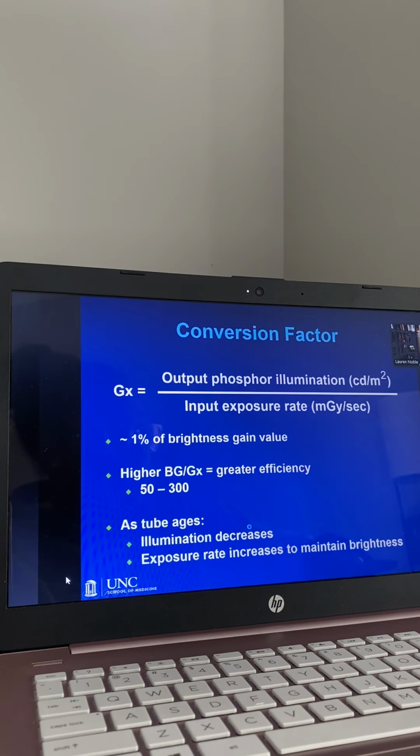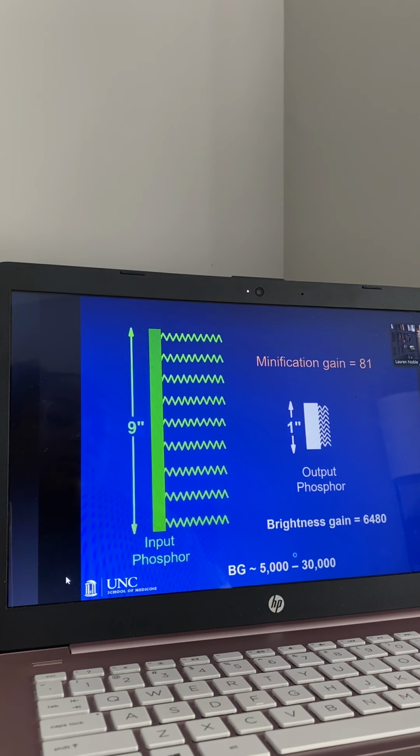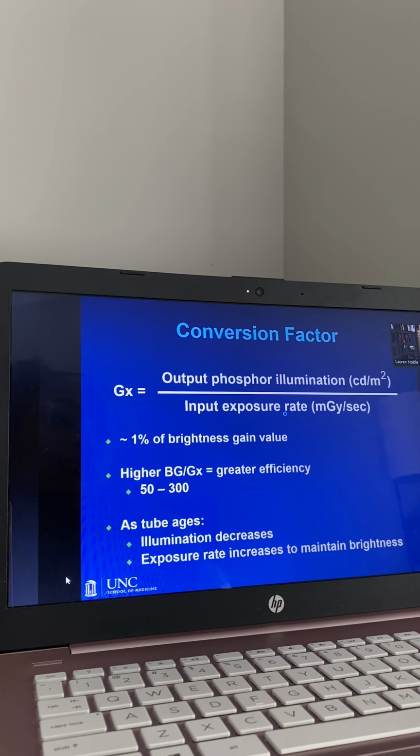Okay. Something else I want to show you is this thing called a conversion factor. Most of the newer units, instead of reporting brightness gain, are reporting something that is referred to as a conversion factor, and you'll see it abbreviated as GX.